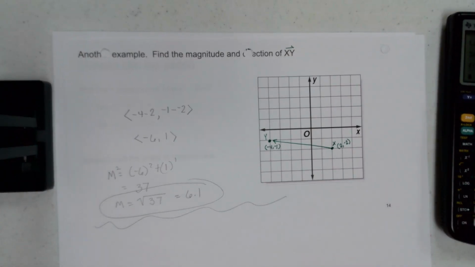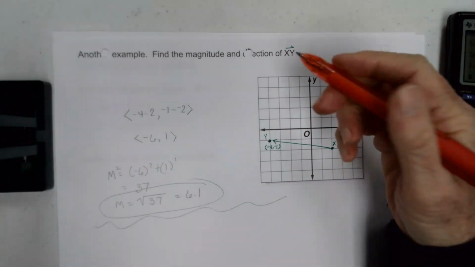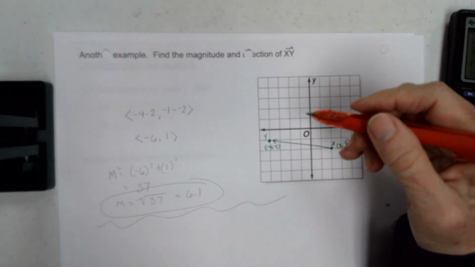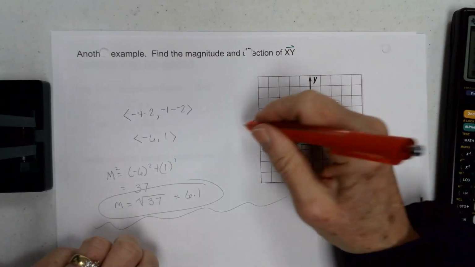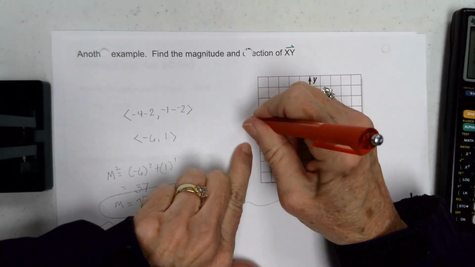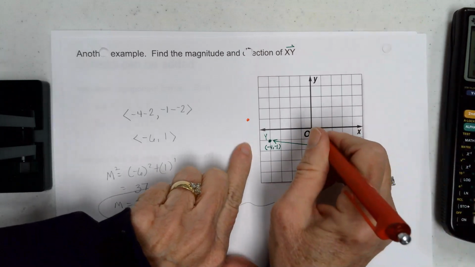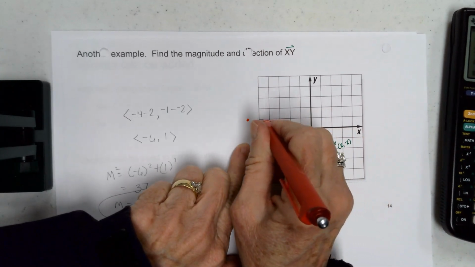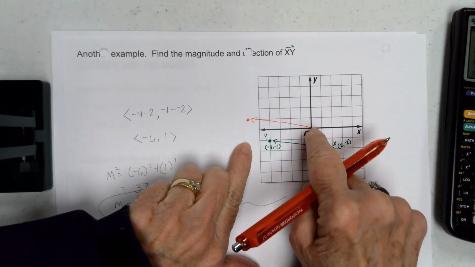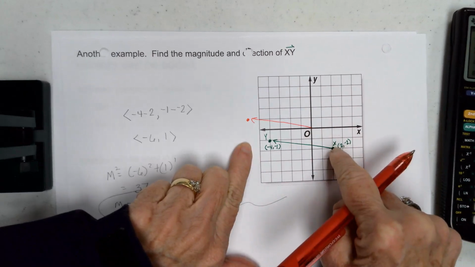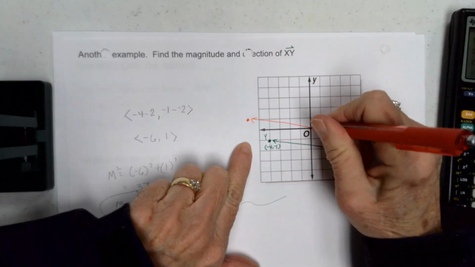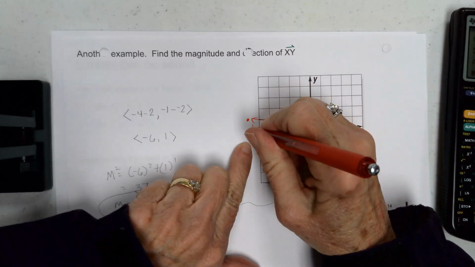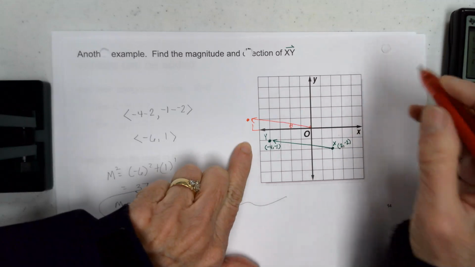Now, if I took my component form and drew a standard position vector, then I'm going to go -6, +1, which is this point right here. So that's that vector shifted up here so that the tail of it is on the origin. Now I want to find out what this angle is.